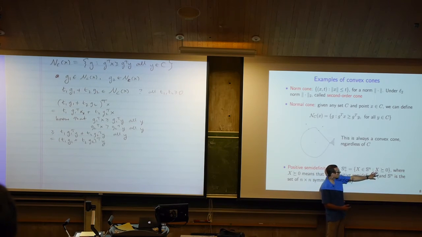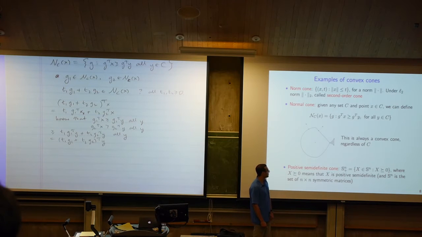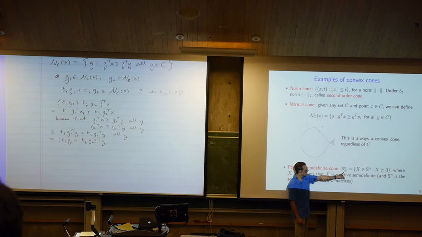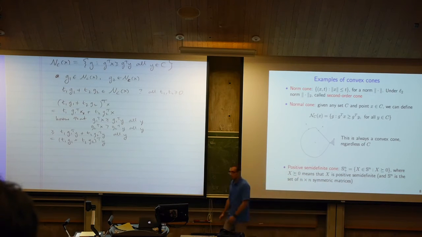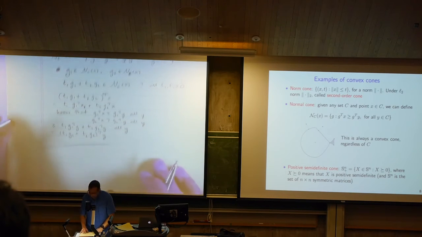That's one definition of positive semi-definiteness. That forms a convex cone. We denote that by this same Sn but with a plus. It's the set of all symmetric, positive semi-definite n by n matrices. Just a quick refresher in case people have forgotten.